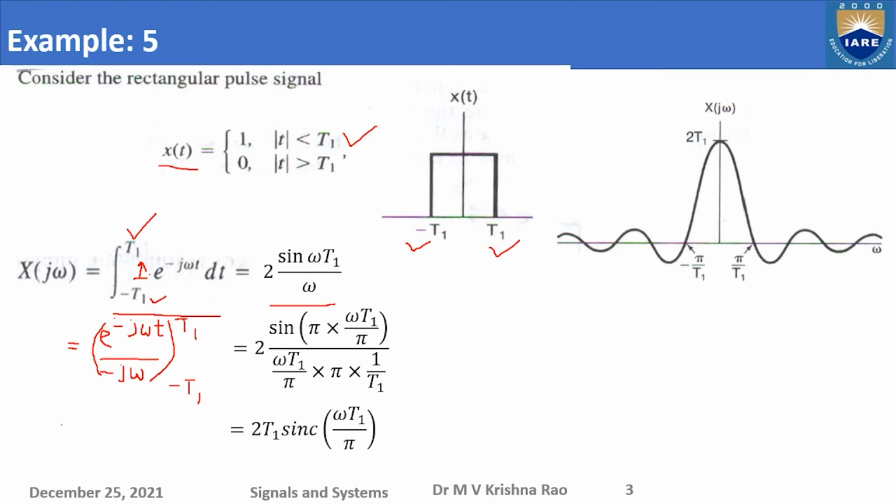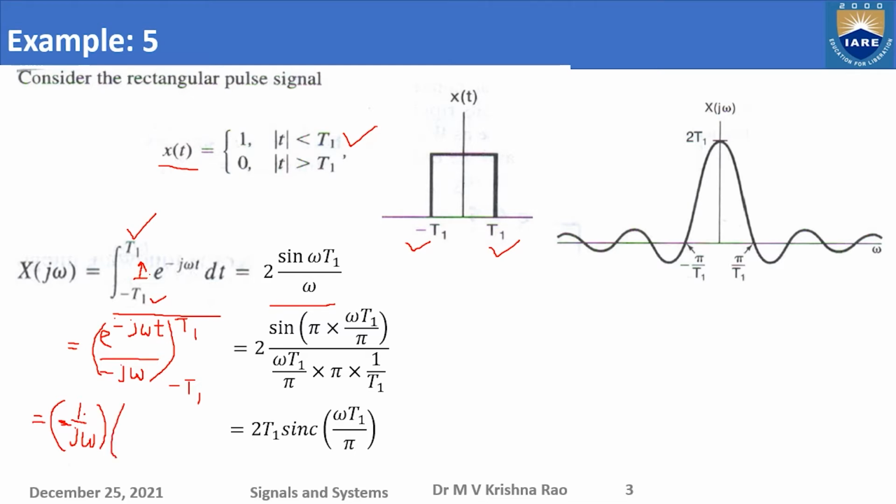After I substitute, I will take 1 by minus j omega outside, because it is a constant.